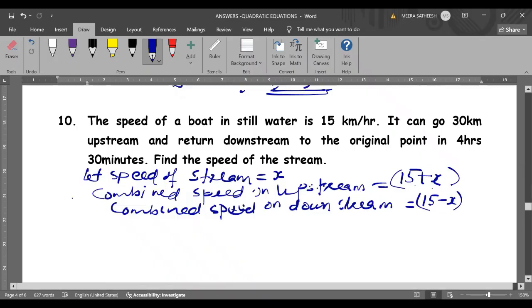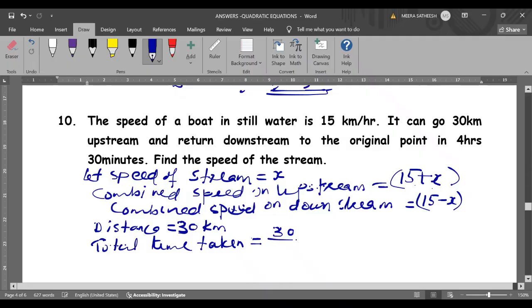Okay. Now the distance given is 30 kilometers. Now, what is the time taken for upstream? Time is distance by speed, no? So total time taken: upstream time is distance 30 divided by speed, plus downstream, 30 by the downstream speed.